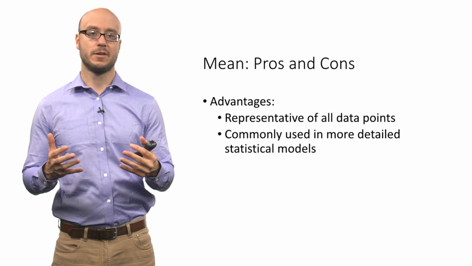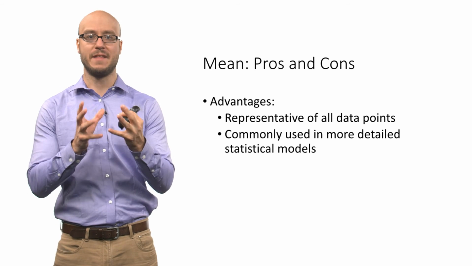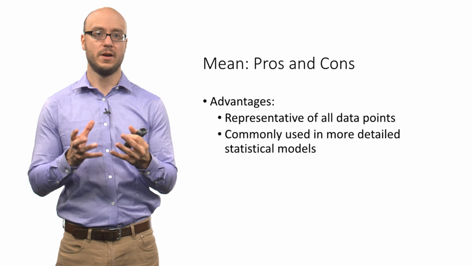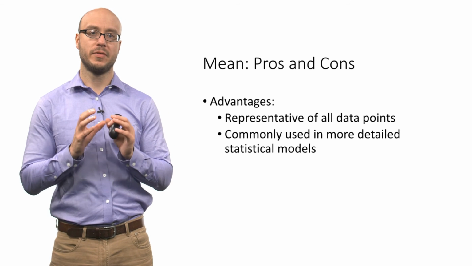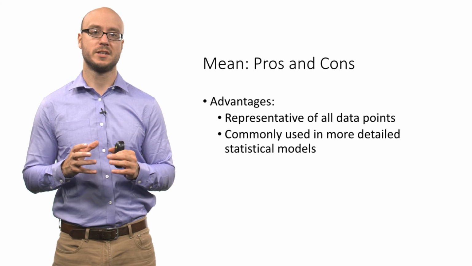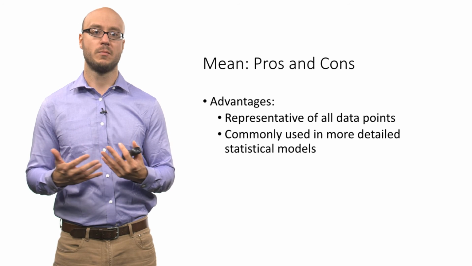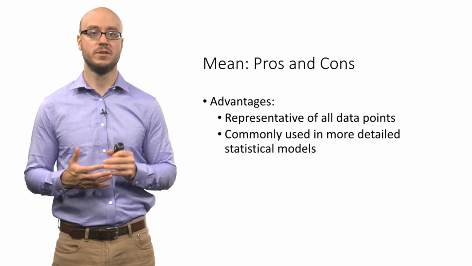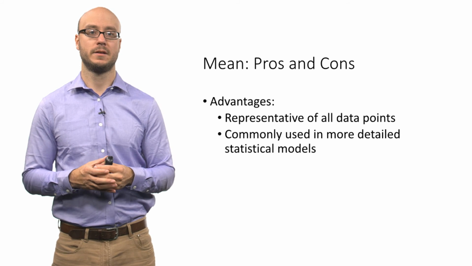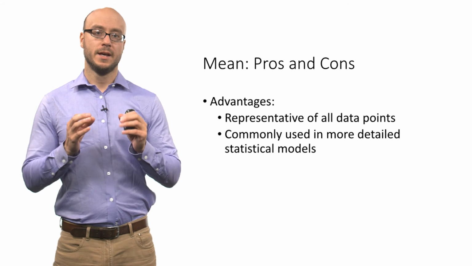So in our example of 5 different weights, you just want one number, the typical weight of a person in this data set. Well, the great thing about the mean as a measure of central tendency is that it's representative of all the data points. So it includes information from all the observations. All observations are put into the mean to represent the typical part of that distribution.